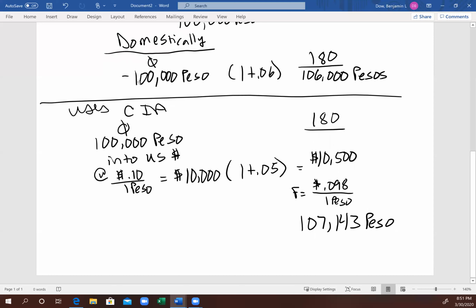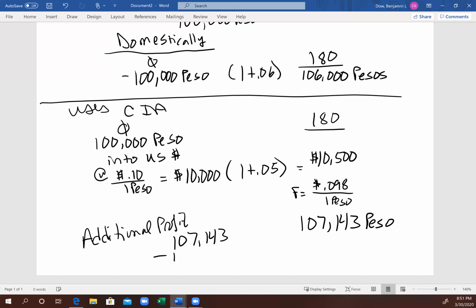Therefore, the additional profit, or riskless profit, is 1,143 pesos.